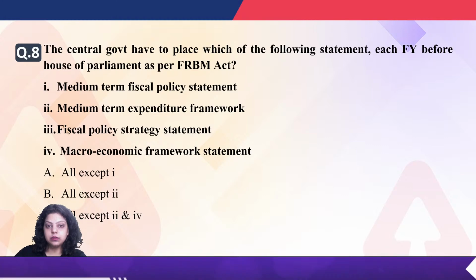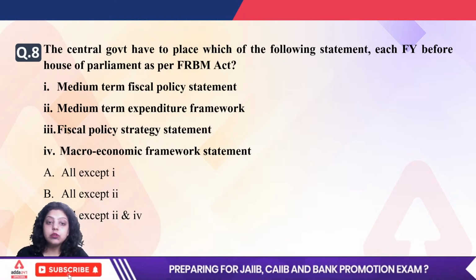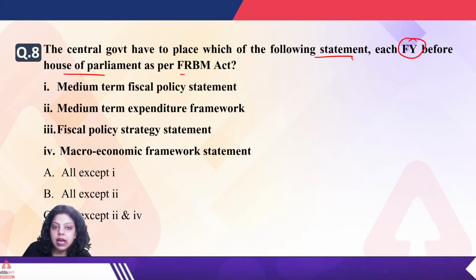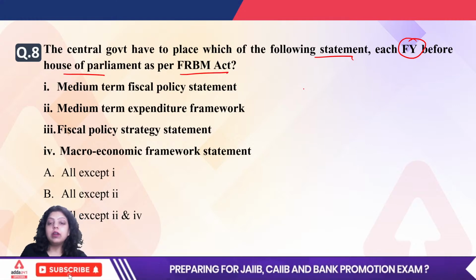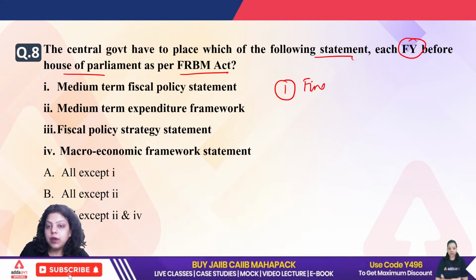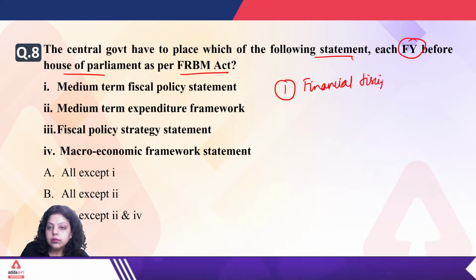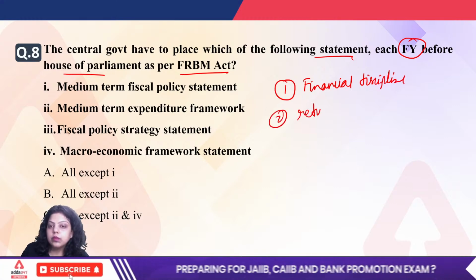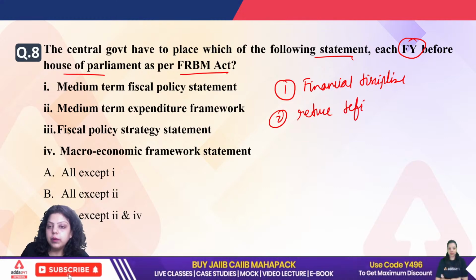Okay, next. Again, the next question related to the FRBM Act. The central government has placed which of the following statements each financial year before House of Parliament as per FRBM Act? So what I have said is that FRBM Act was introduced to maintain the financial discipline in the country and to reduce the deficits of government.